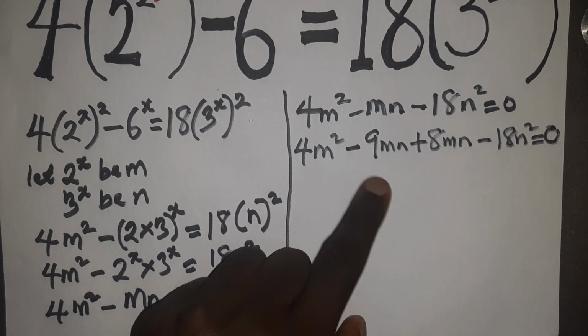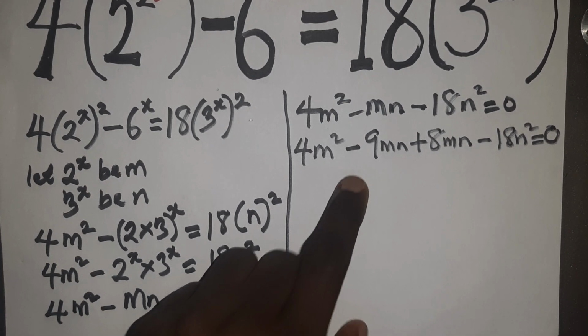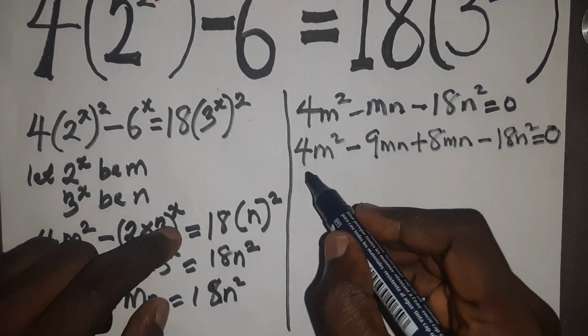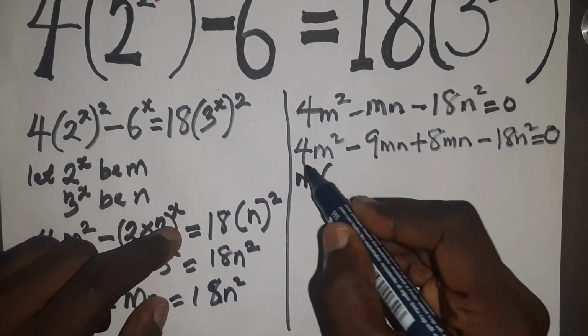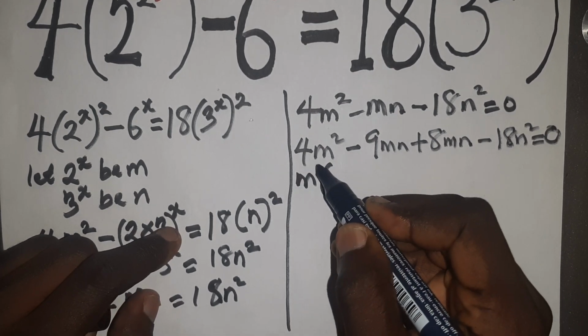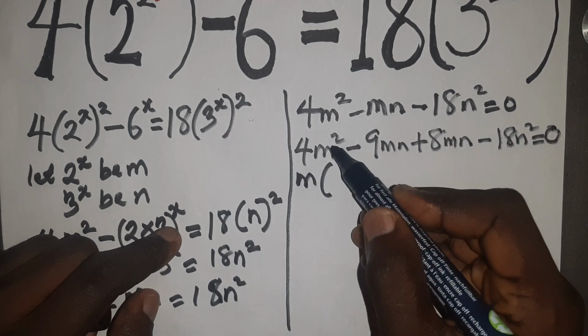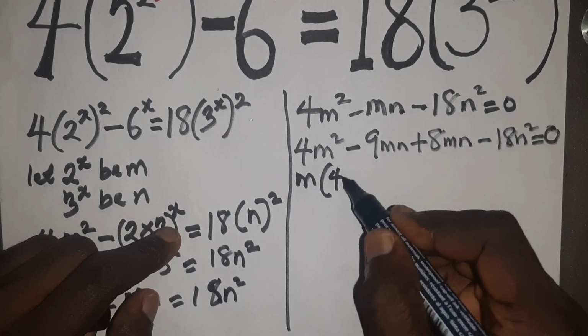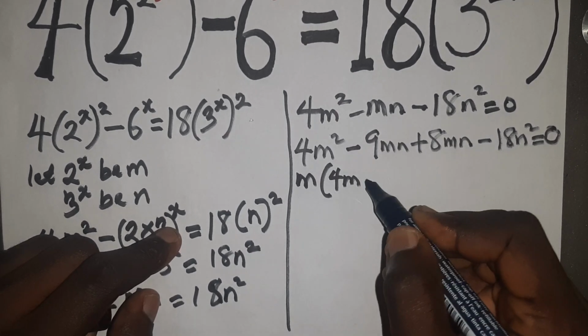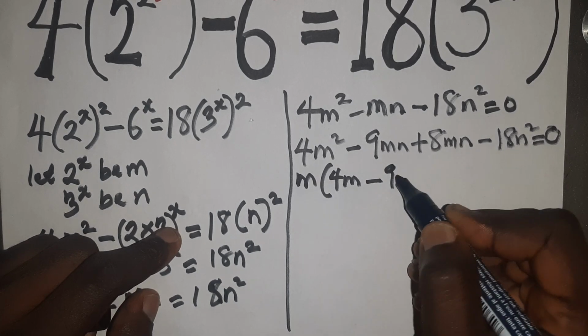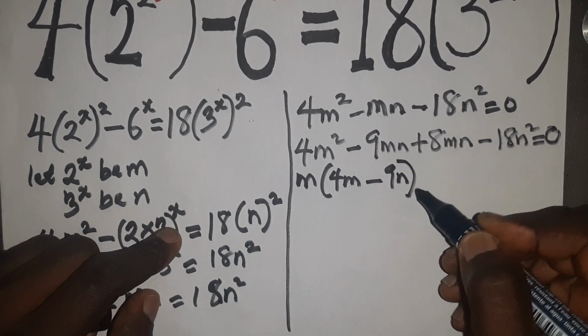So now picking the first two, we now have m being common here, m brackets, m cancels one m here, we now have 4m remaining, minus divide plus minus, m cancels m, we have 9n remaining, close brackets.